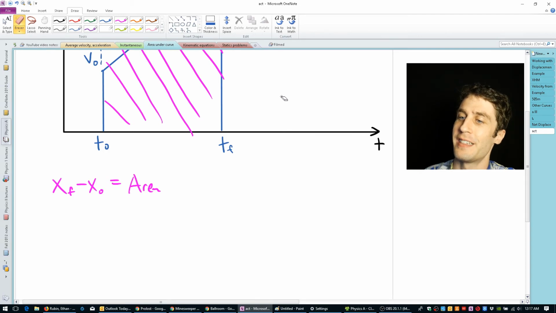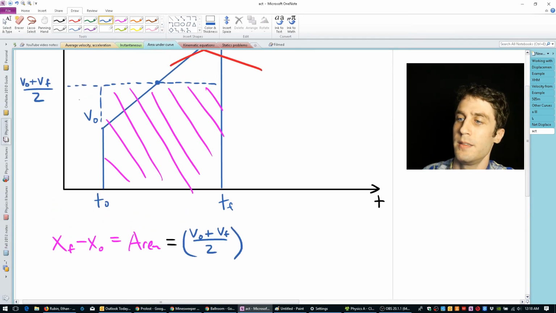So x final minus x initial, the net displacement, is equal to the area of that curve, which is equal to V naught plus V final, divided by 2. That was the height right here. And multiplied by the width of the time interval, t final minus t initial.